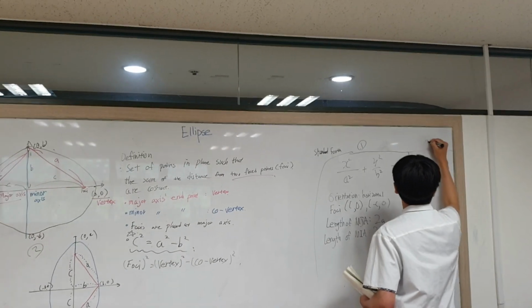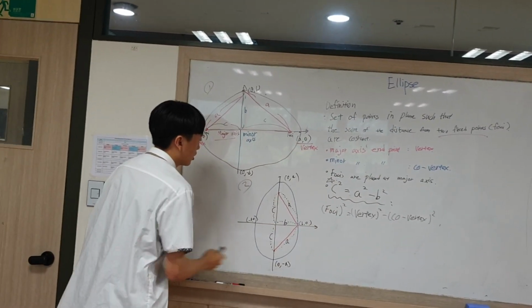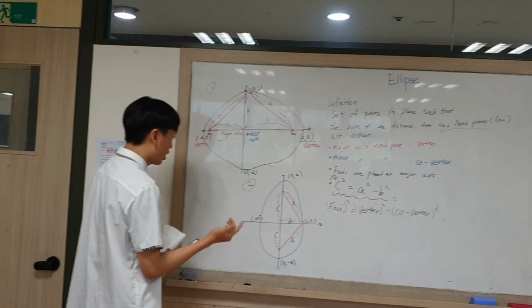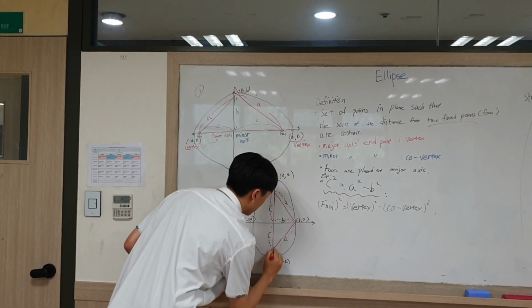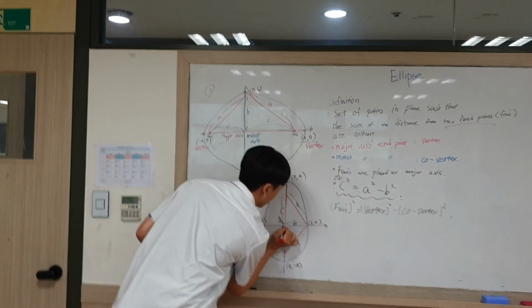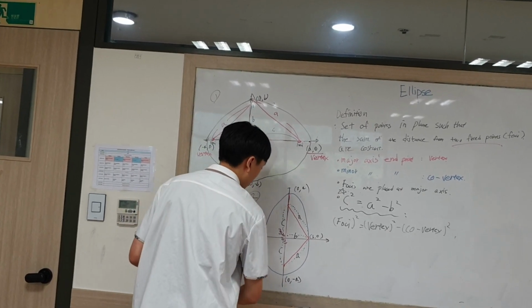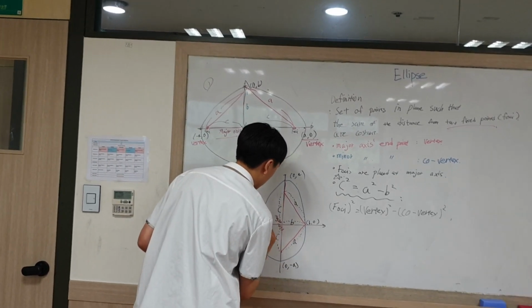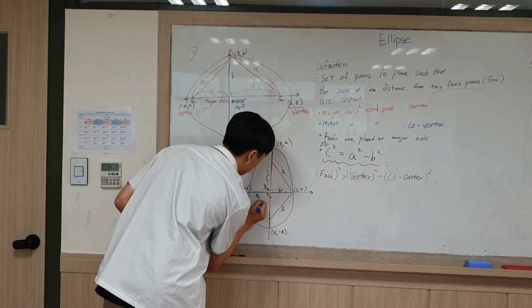Now number 2 is, now we can also know that, like I explained it here, this is the major axis because it has the foci, so major axis, and this would be minor axis.